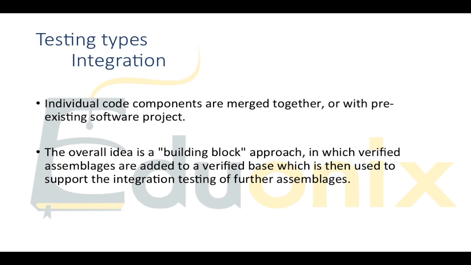It applies tests defined in an integration testing plan to those aggregates and delivers as an output the integrated system ready for system testing. So each of these particular testing types is a stepping stone right the way down to system testing, which is the final stage, if you will. Does everything work together?